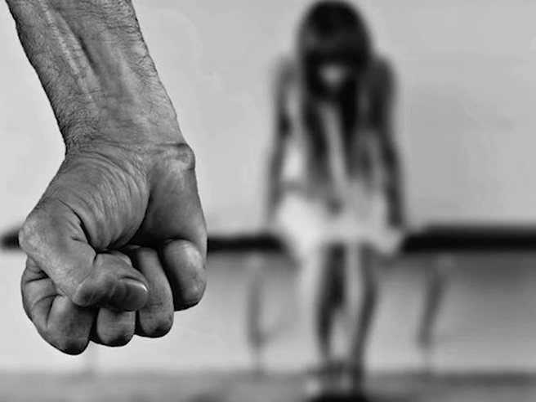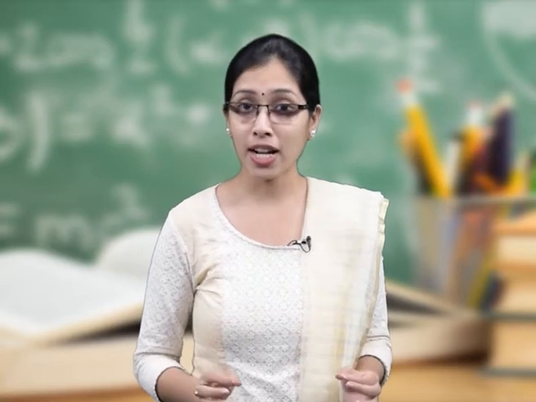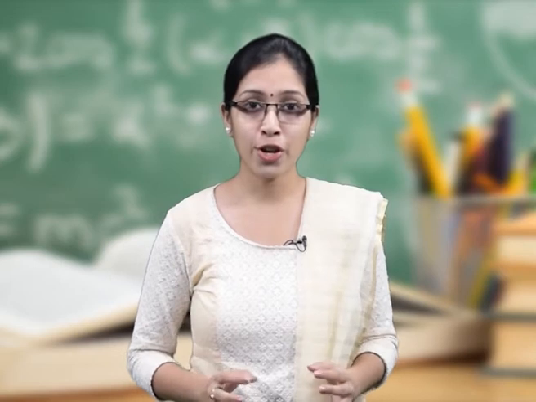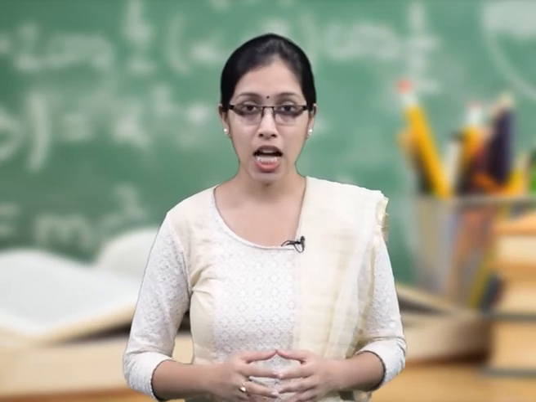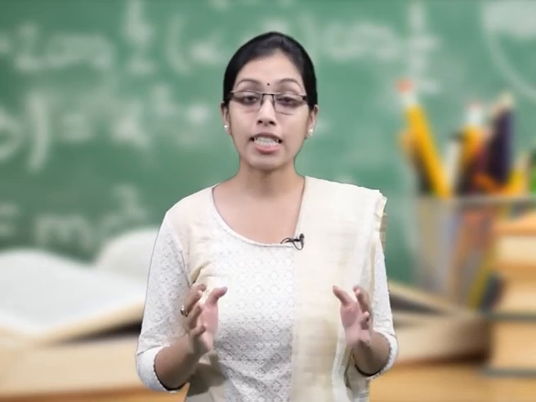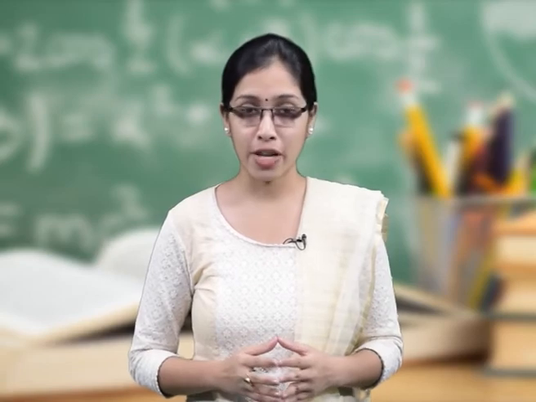Students, let us now talk about the subculture of violence. The subculture of violence, a perspective developed by Marvin Wolfgang and Franco Ferracuti in the 1960s, has its root in Merton's theory of anomie and Sutherland's theory that criminal behavior is a learned behavior.